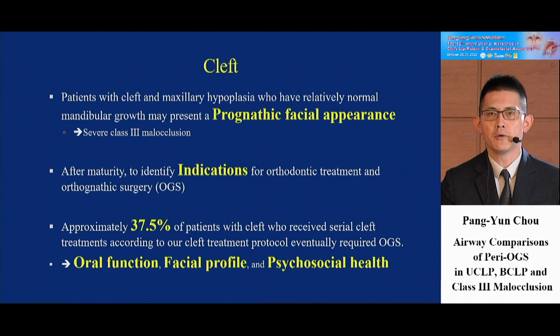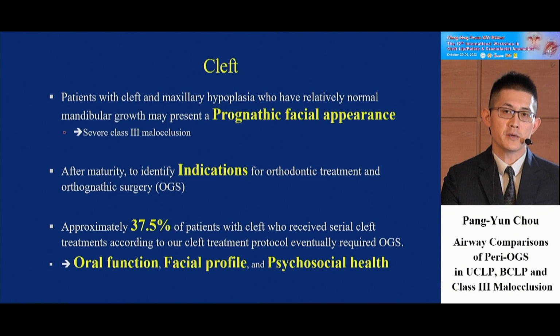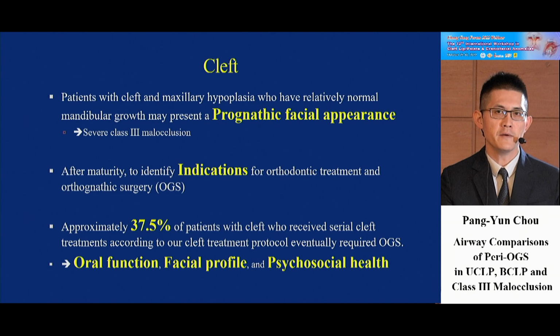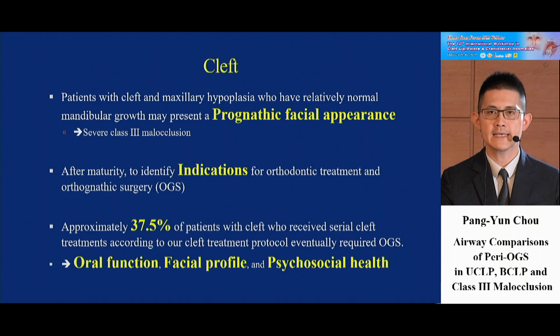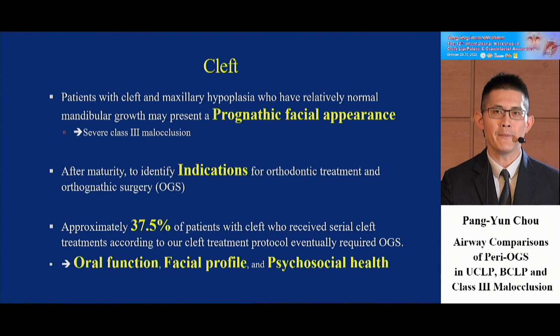And as we know, this is a very standard presentation for most patients with cleft. After maturity, we have to identify the right indication to persuade patients to receive combined orthodontic and orthognathic treatment at the same time.